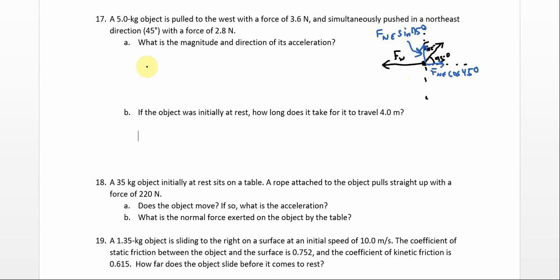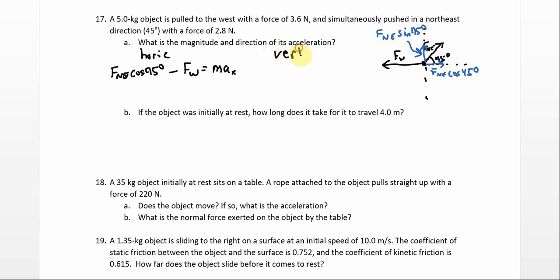So in the horizontal direction, we have Fne cosine 45 minus Fw will be the mass times the horizontal acceleration.